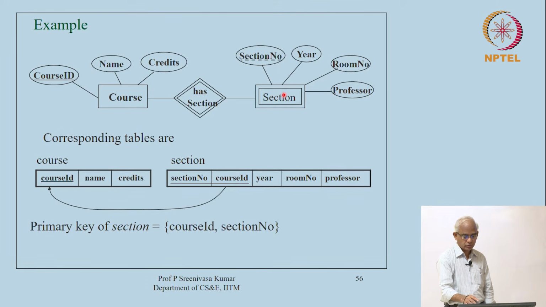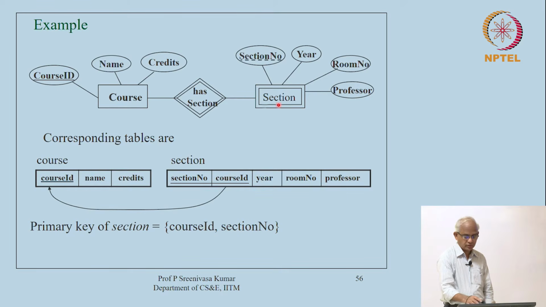Okay. So, let us assume that the course has been already mapped to a table like this: course ID, name, credits. It is a strong entity, and so we will map it directly into a table with these attributes, and whatever is the key for the entity will become the key attribute for the table also.